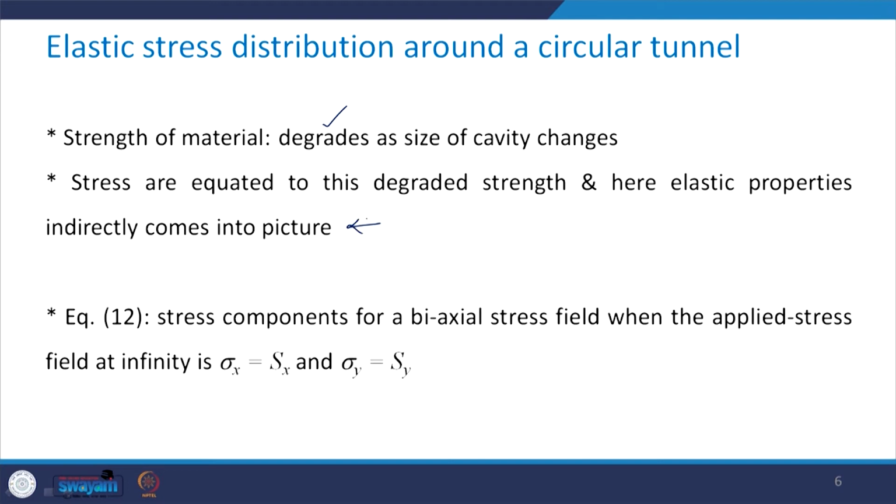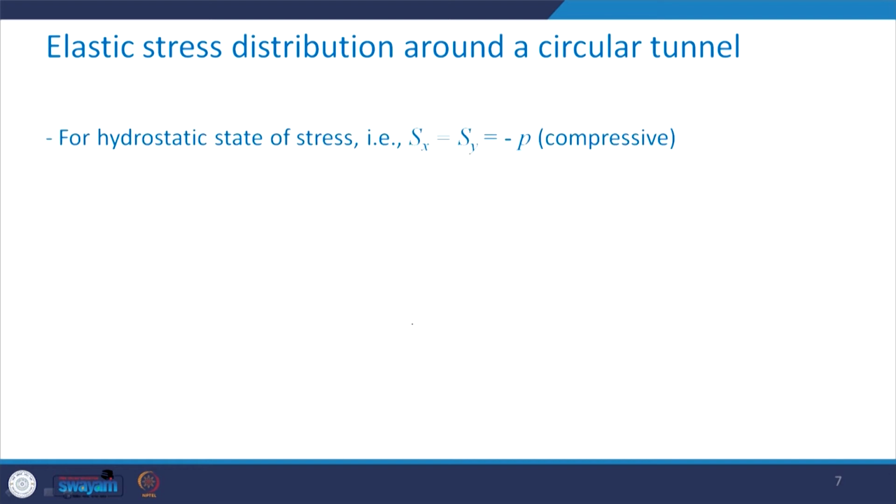Equation number 12, which we derived just now, gives the stress components for a biaxial stress field when the applied stress field at infinity is sigma x equal to Sx and sigma y equal to Sy. Now, we take some special cases and see how the form of equation 12 becomes.